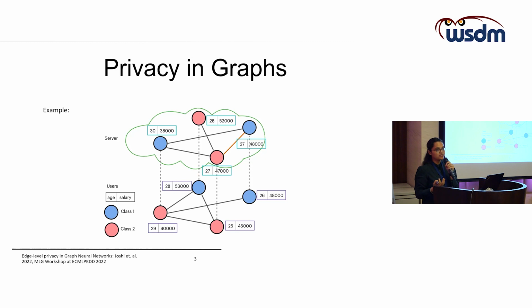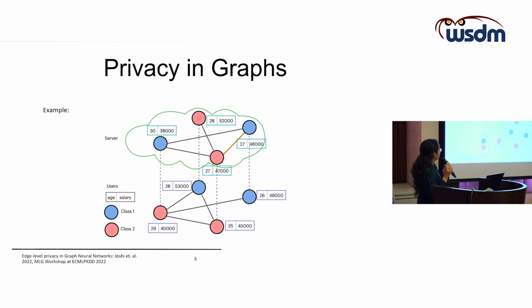They want to keep this information private. In addition, they also want to benefit from the task that the GNN is addressing. So the GNN should perform nicely, and at the same time we want this private information not to be leaked to anybody. So that is the idea.